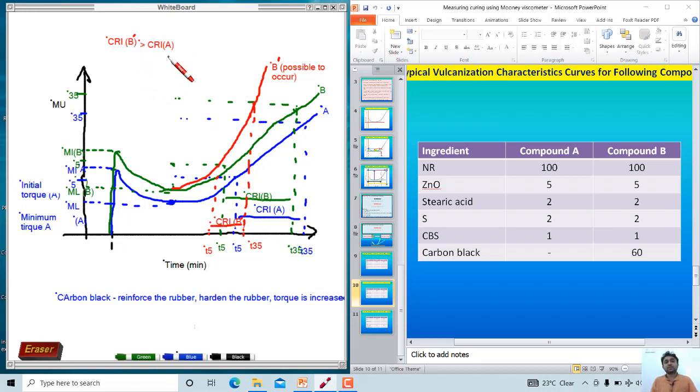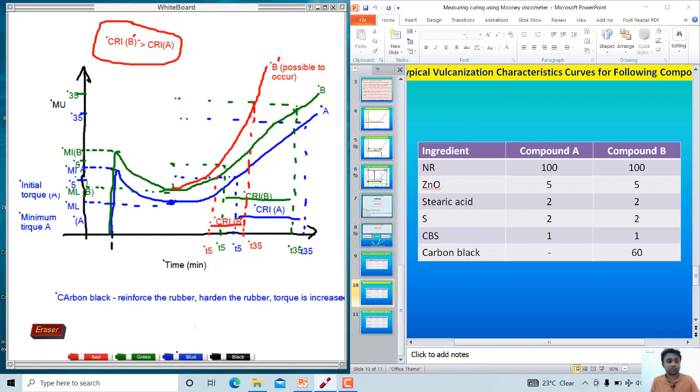So this can happen, but not always. These two are the possibilities of B, but A is like this. So that is the answer for this question.